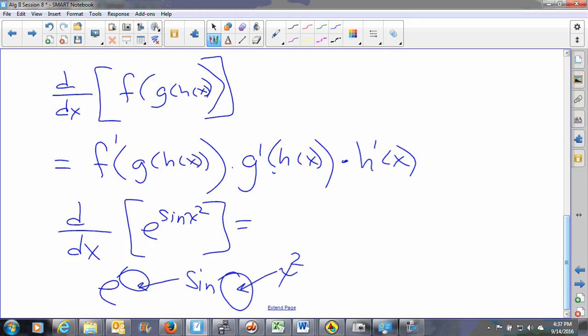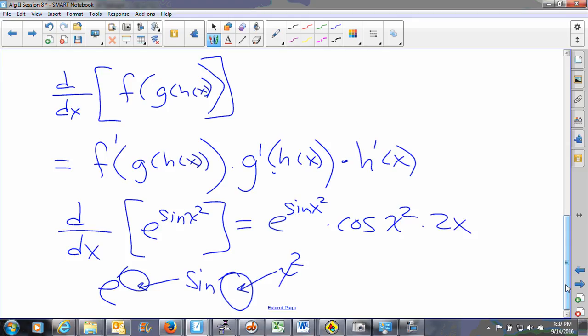So what we would do in taking the chain rule is the derivative of e to a power is e to the power. So we get e to the sine of x squared times the derivative of the sine of something by the chain rule. Now the derivative of the sine of something is the cosine of that something. And then we multiply that by the derivative of the something, which is 2x.